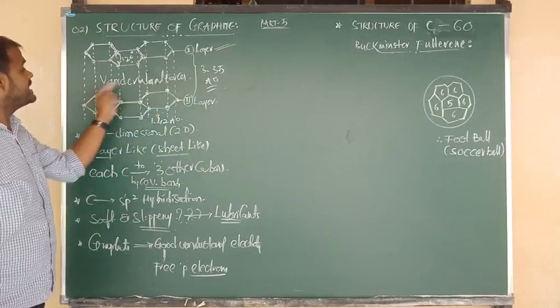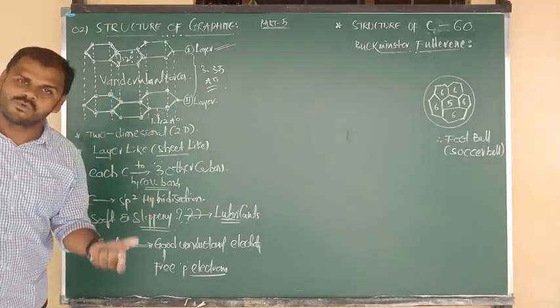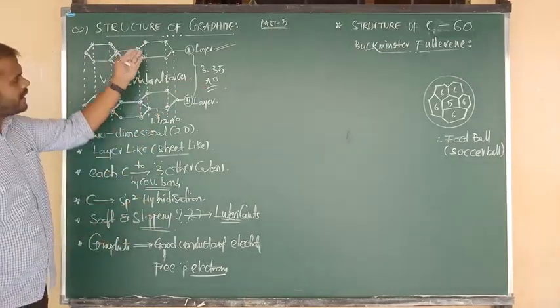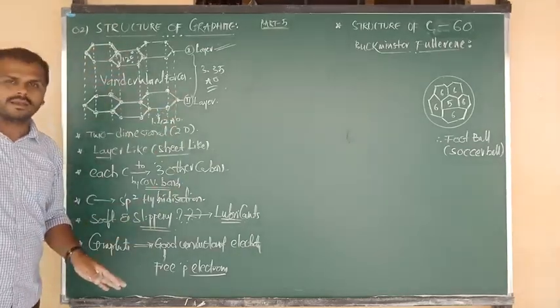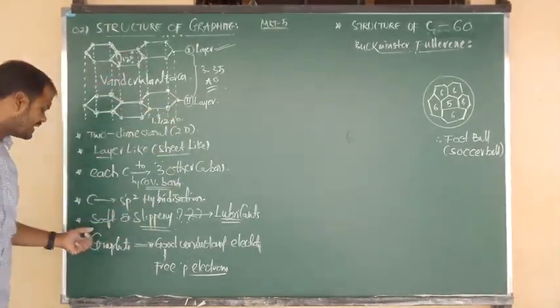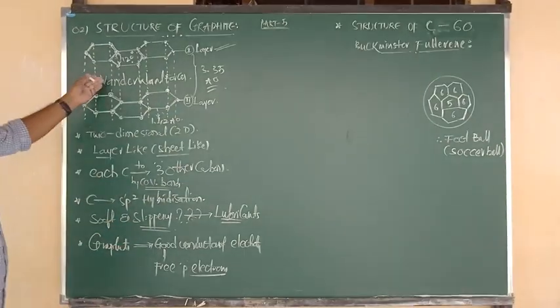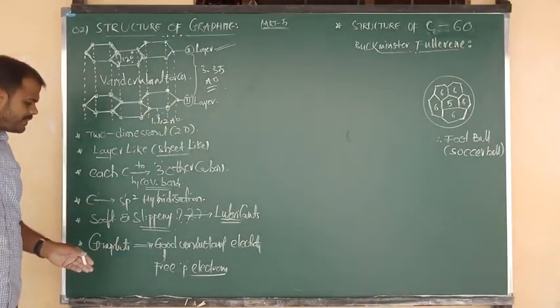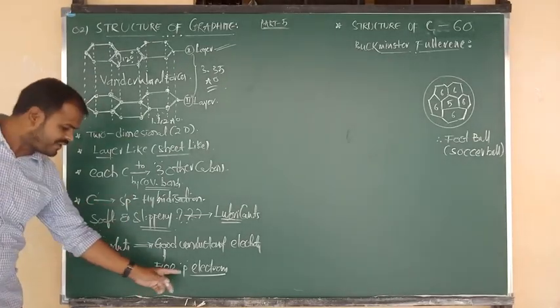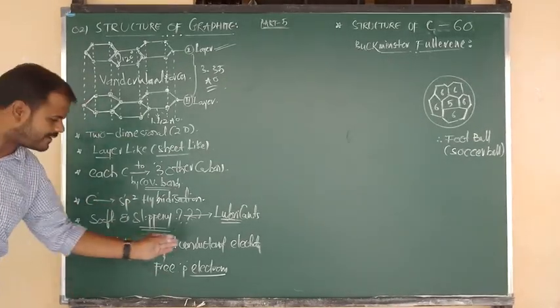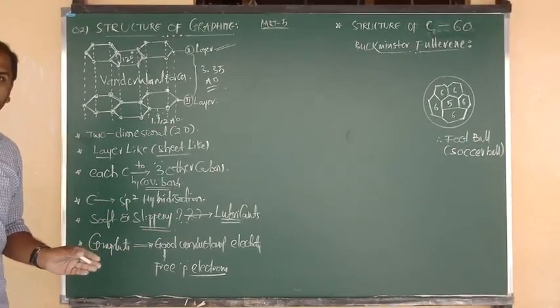In that gap, we can see weak van der Waals forces. Due to such forces, one layer can slip over another layer, and this is why graphite has a soft and slippery nature. And every carbon here undergoes sp2 hybridization, meaning there will be one more free p electron that is responsible to carry the current.